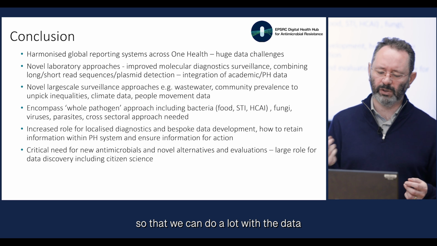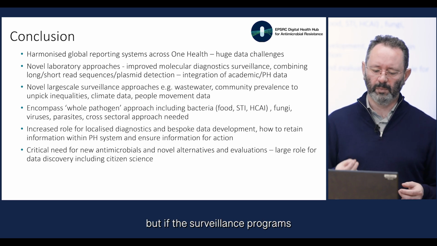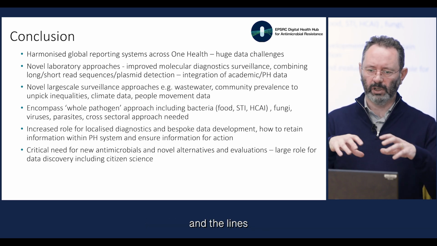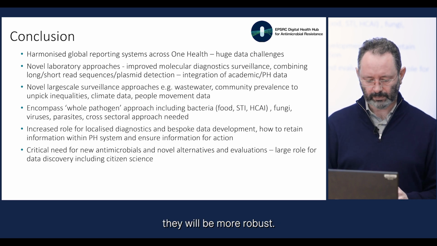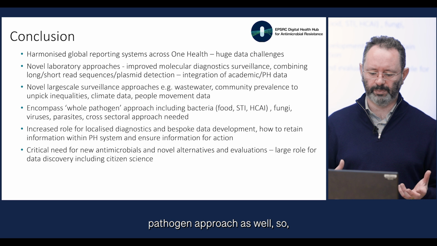So we can do a lot with the data that's already available, but if the surveillance programs are designed from a One Health approach, they will be more robust. We need to encompass the whole pathogen approach as well.